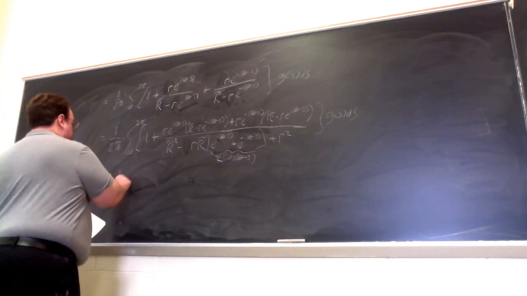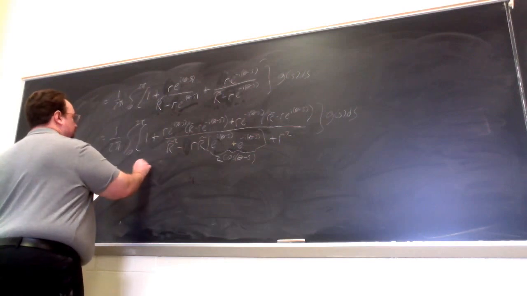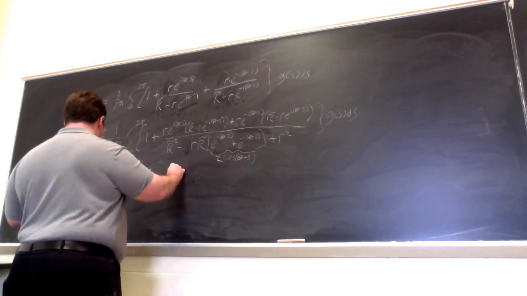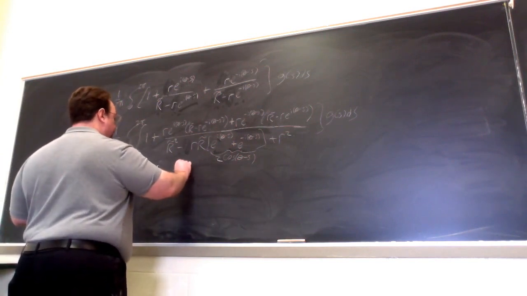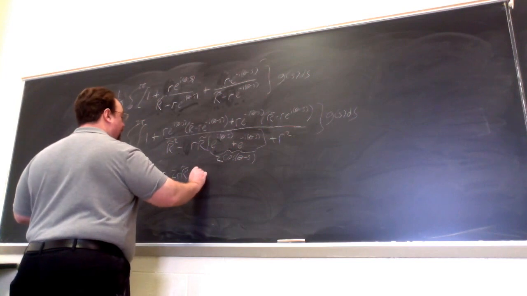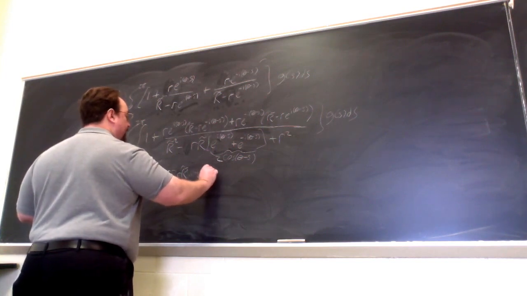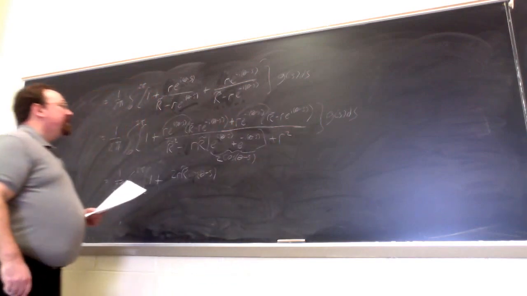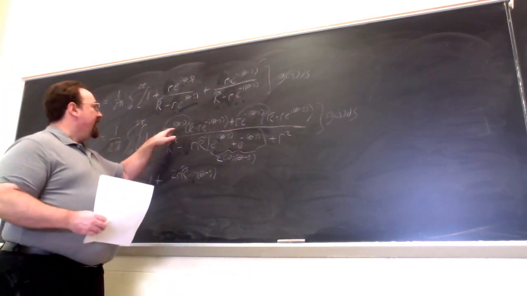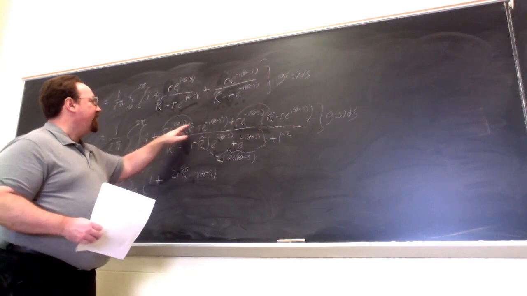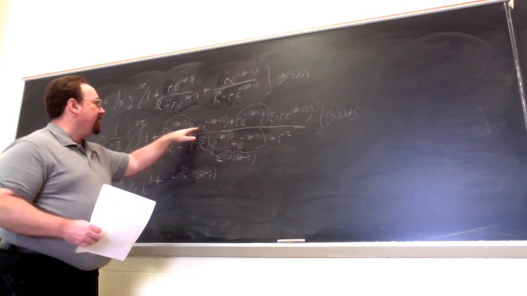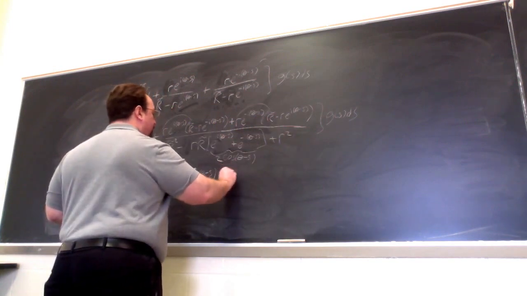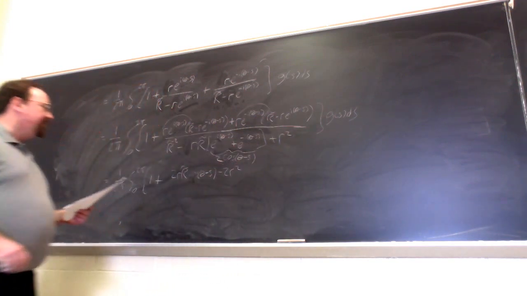So what I'm going to get is, up top, 2 little r, big R cosine of theta minus s. That's from these terms and these terms. And then from the other terms, I have exponentials of opposing signs. They're going to cancel. I'm going to get minus big R, little r squared here, and minus little r squared here. So unfortunately, nothing cancels, but things do simplify. So at least I have that.